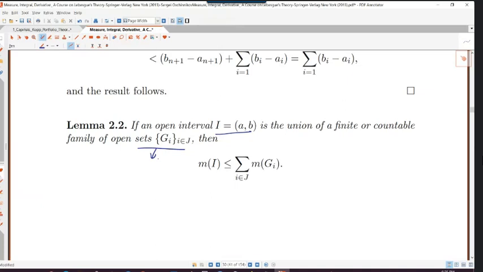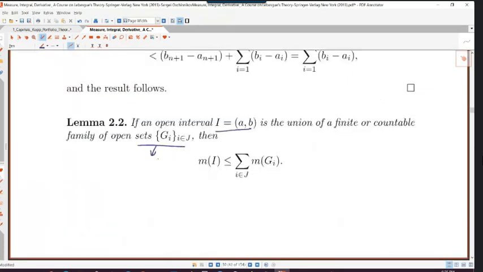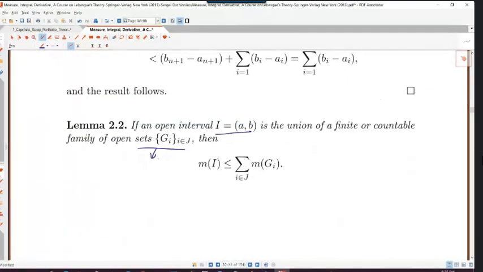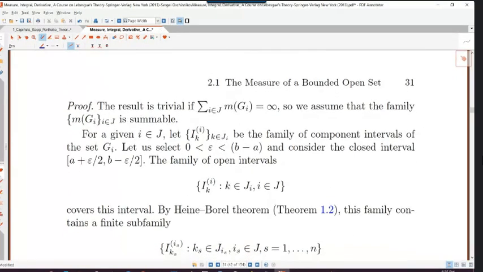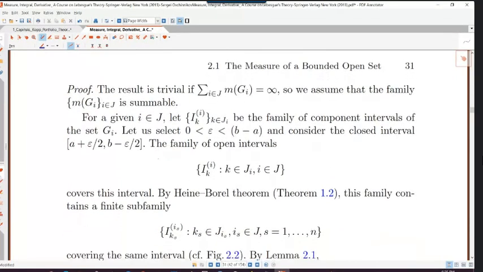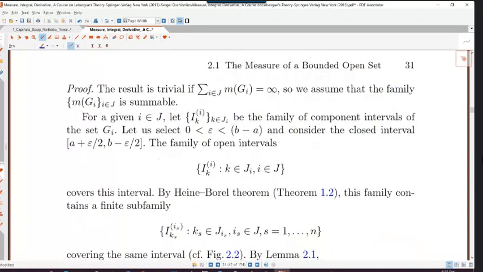And we use this and we prove that m of I is less than or equal to sigma m of Gi. The proof is easy, and we use the previous lemma, and we construct a closed interval from the open interval.